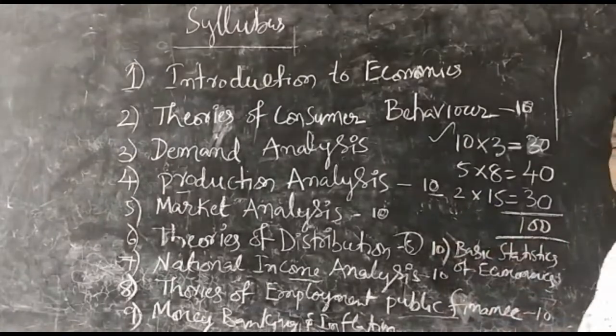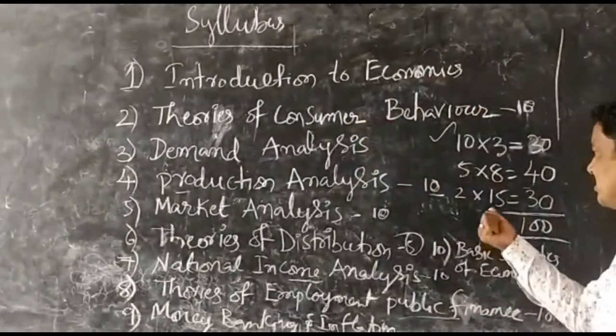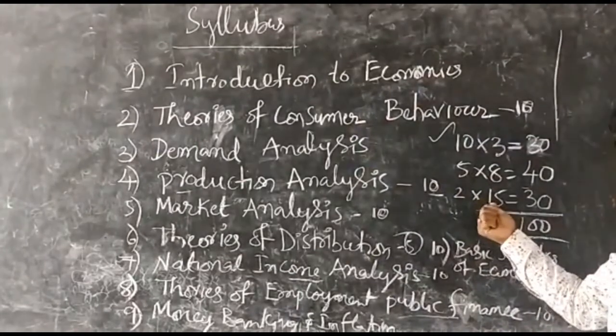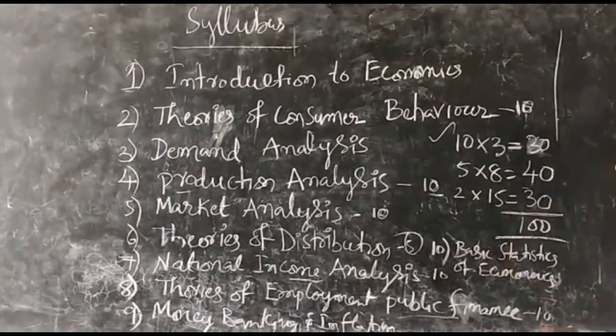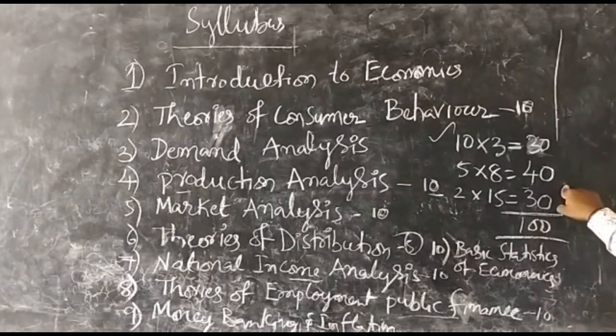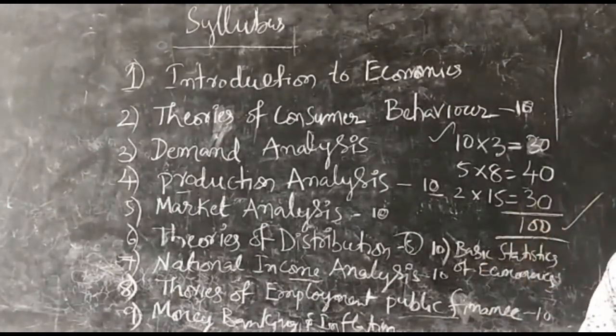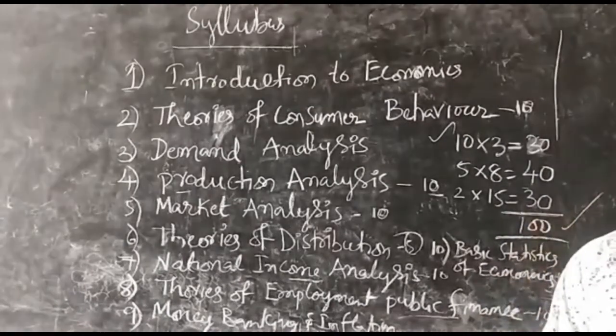And there are 2-mark questions; you write only 15 questions, totaling 30 marks. So 10 marks gives 30, 5 marks gives 40, and 2 marks gives 30. In total, the first year economics paper is 100 marks.